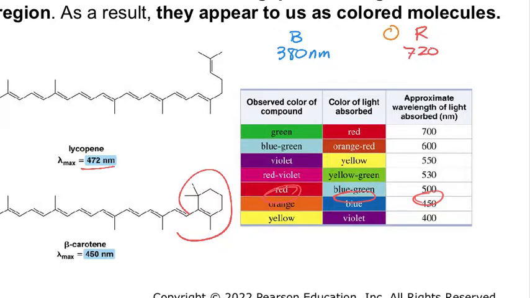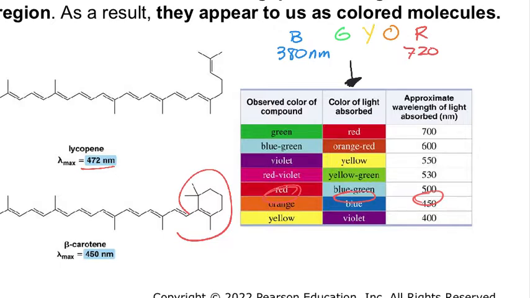you've got orange, yellow, green, blue, and we don't really actually see violet. Our brains kind of invented it, but either way, and then indigo is also in there, but what we're looking at is the color of light absorbed, right?